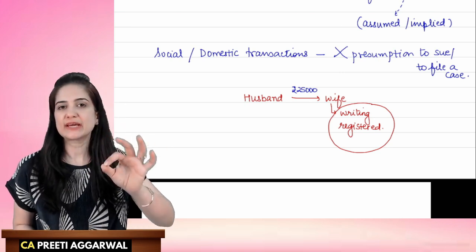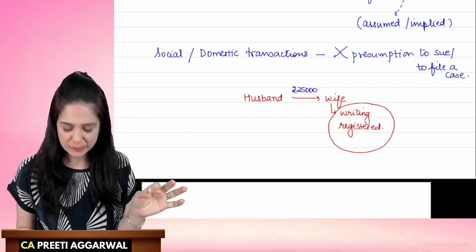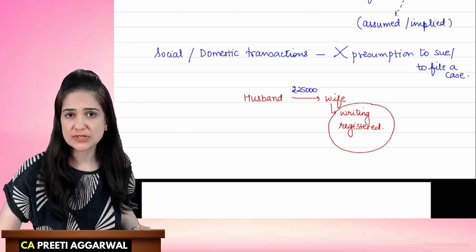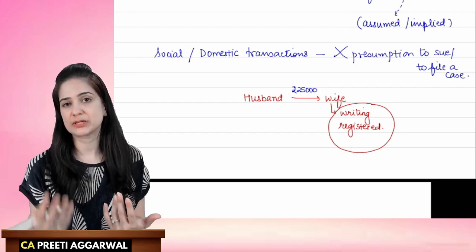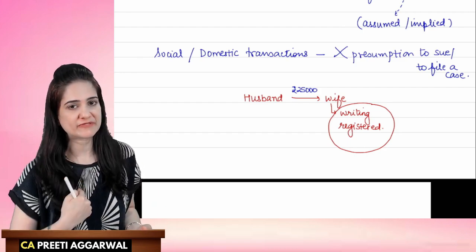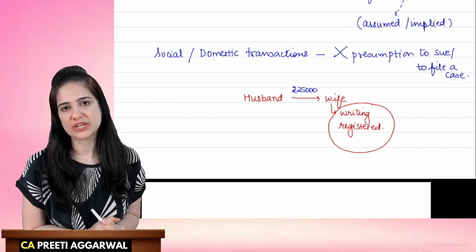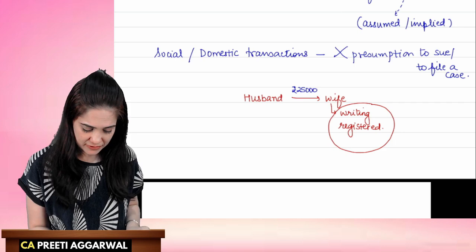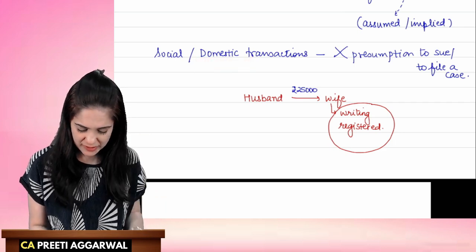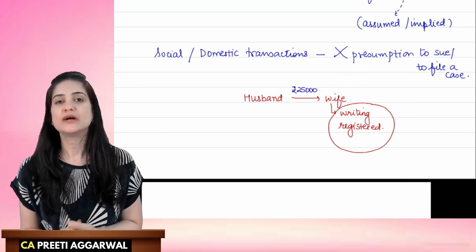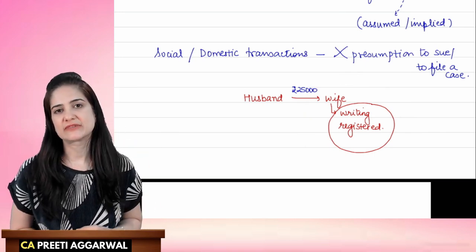So, even in case of a social or domestic agreement, by putting the agreement in writing, by getting it registered, by discussing with the other person that if you fail, I will file a case, then yes, you are putting enforceability. Even though it is domestic, by showing enforceability, you can treat it as a valid contract.